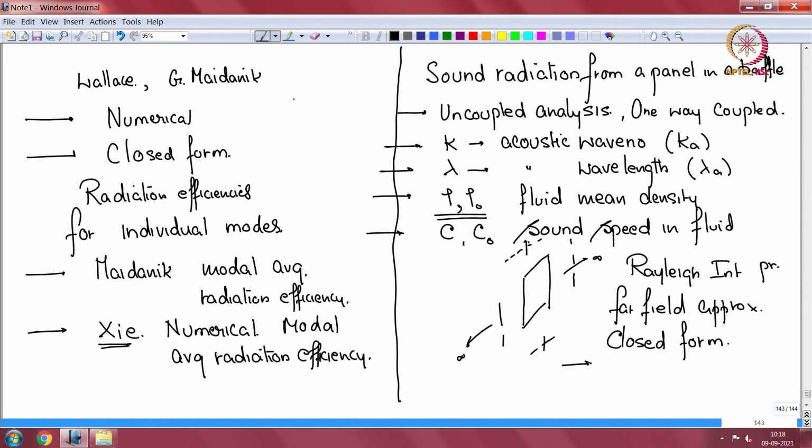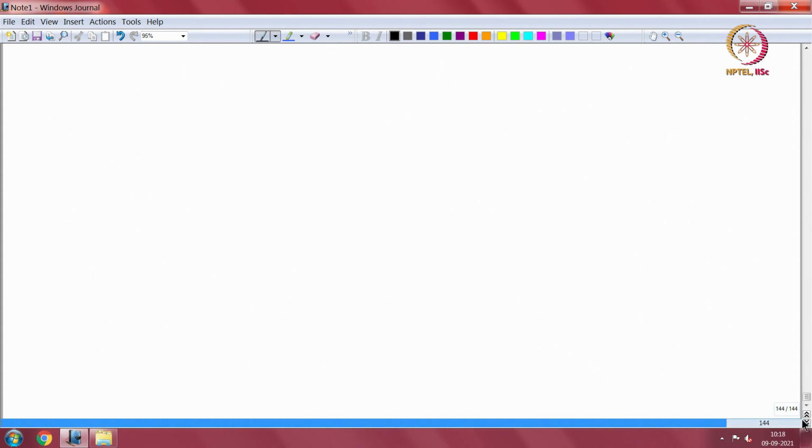Then we went to far field intensity, and we looked at where maximum values occur, and the condition for the maximum values, which is K greater than P pi by A and K greater than Q pi by B.